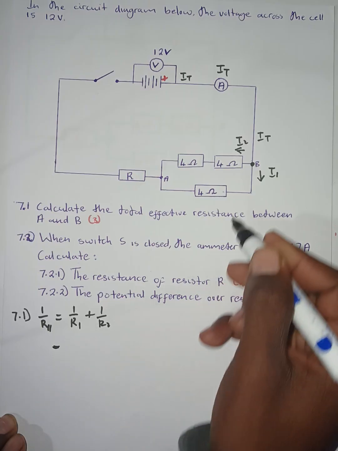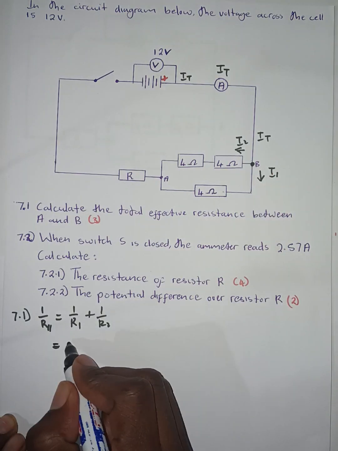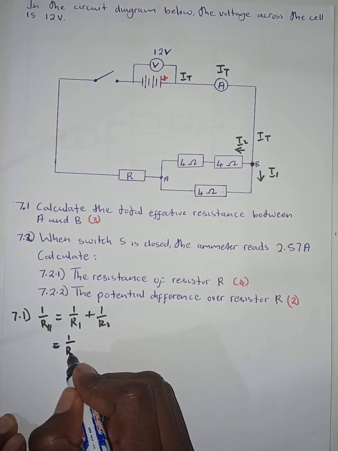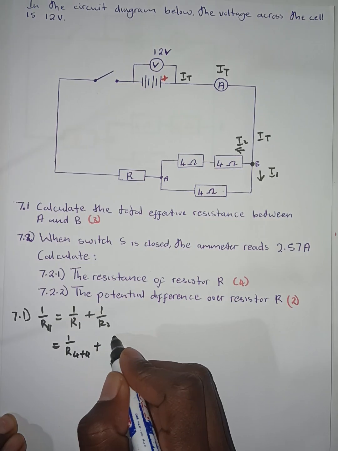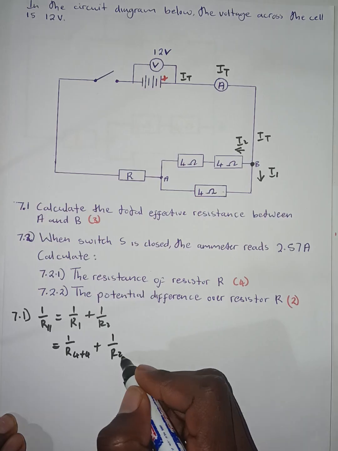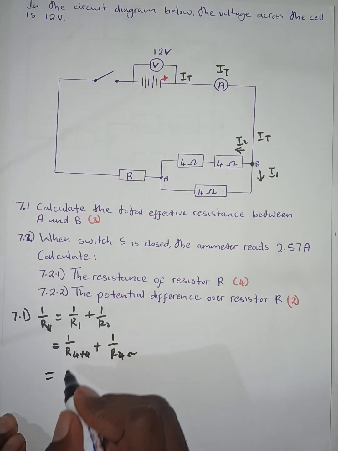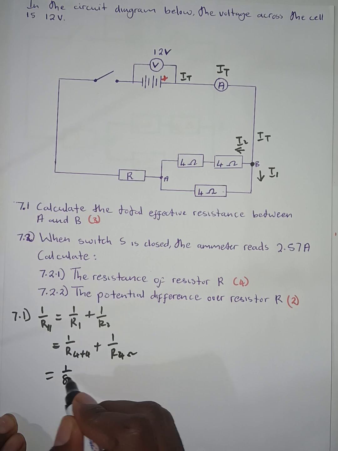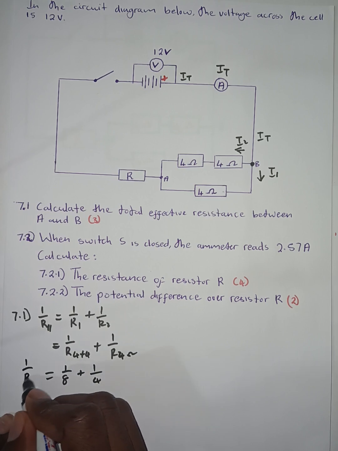But note, these two resistors, I'm going to treat them as 1. So in this case, this would be 1 over R4 plus 1 over R2. That 4 ohm resistor there. So again, we would note that this would be 1 over 8, right, plus 1 over 4. So this would be 1 over R parallel.